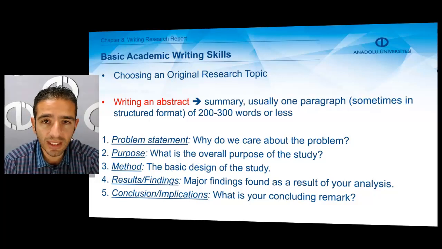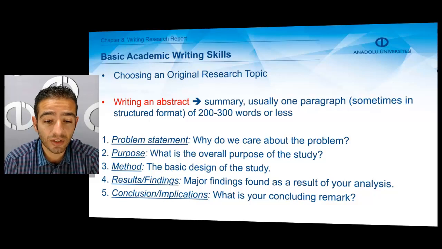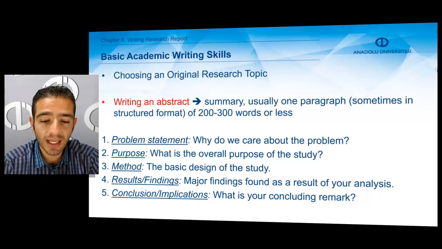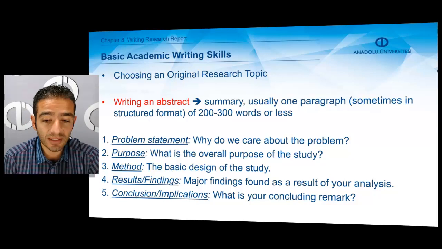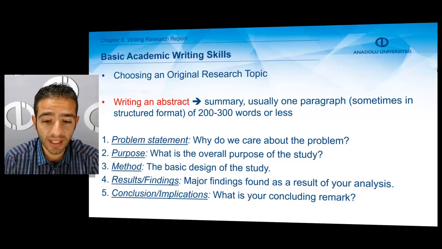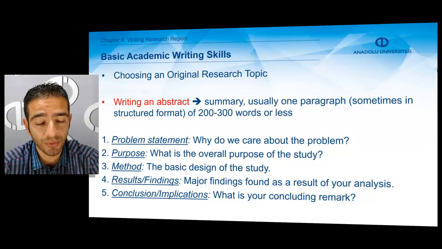And you also need to mention a little bit about the basic design of your study, which is about the methods. And then you briefly mention your results and findings, especially the major ones which you think are the most valuable to mention in the summary of your research.